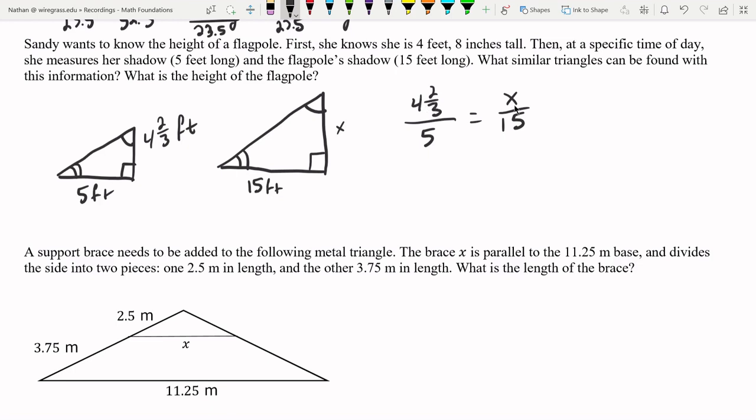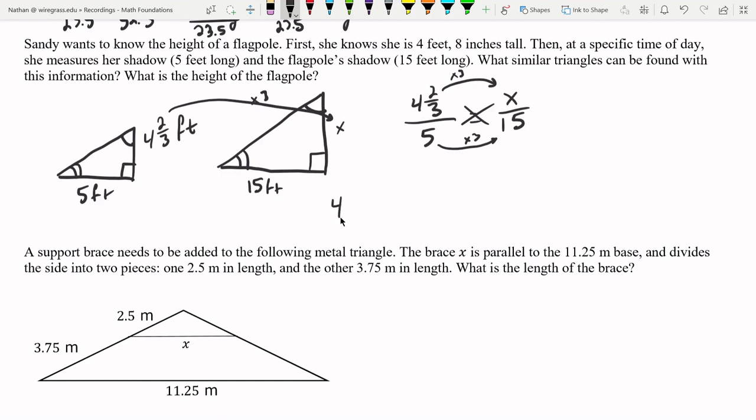4 2/3 and x are the same reference side, and 5 and 15 are the same reference side. All we're doing here is timesing by 3 to get to 15, so we just need to times by 3 here to get to x. We can also just solve the proportion, either way you want to do it. I'm just going to multiply by 3, since that's easier.